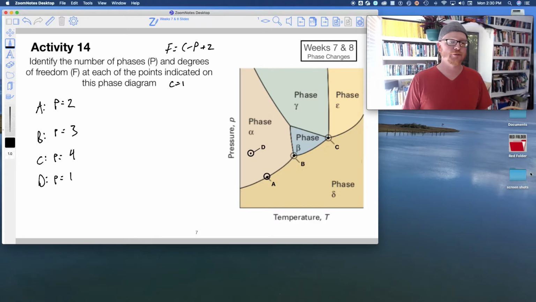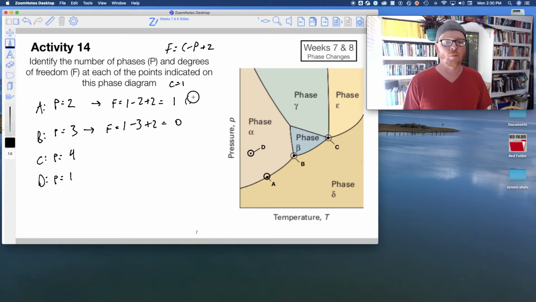Now what about the degrees of freedom? For point A, F equals 1 minus 2 plus 2, so that equals 1. We're going to talk about what that means in a second. For point B, F equals the number of components, 1, minus 3 plus 2, and that equals 0.